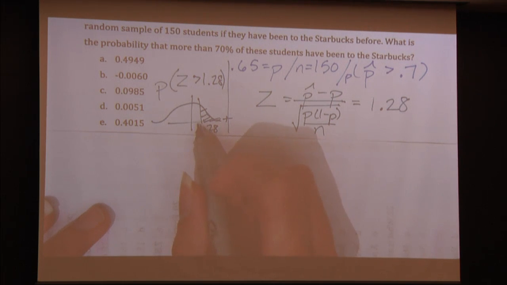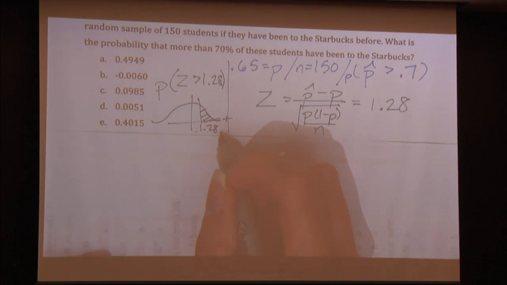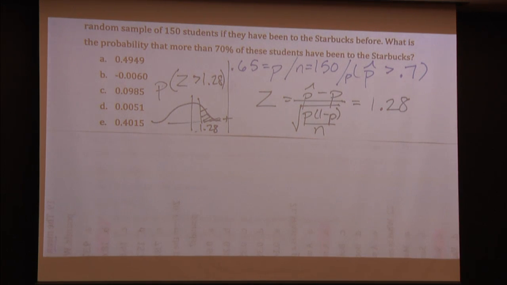And we mentioned that our z-table gives us this area. So how do we set this up to find the probability we want?